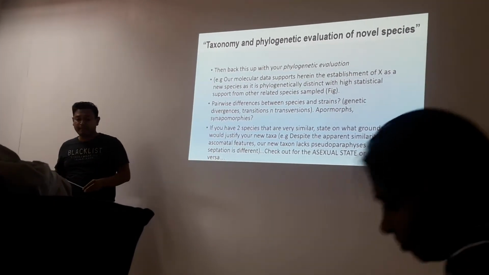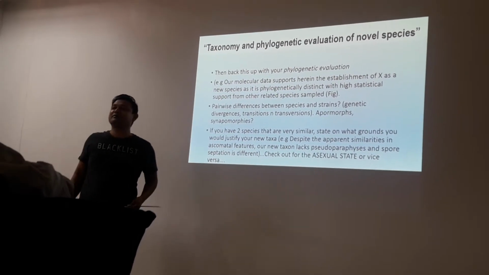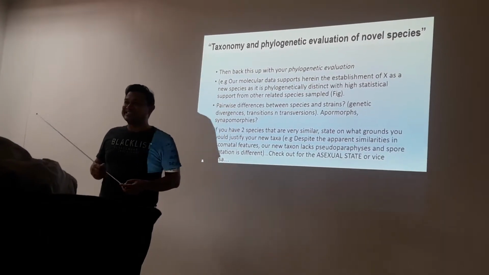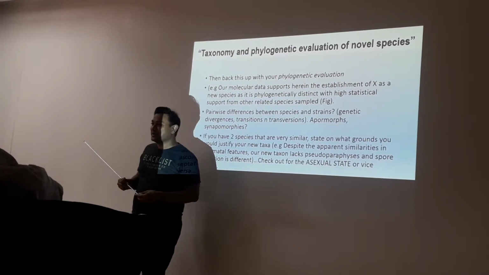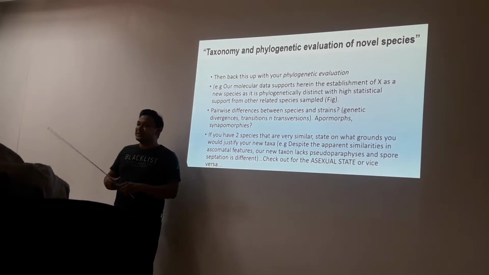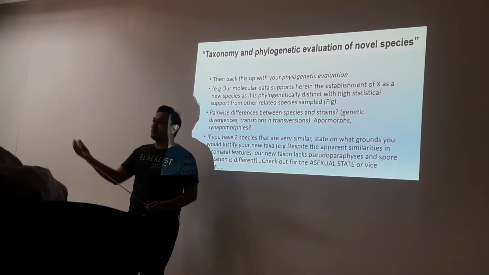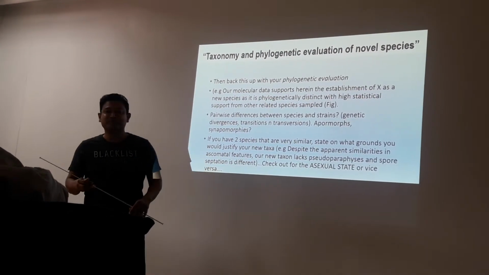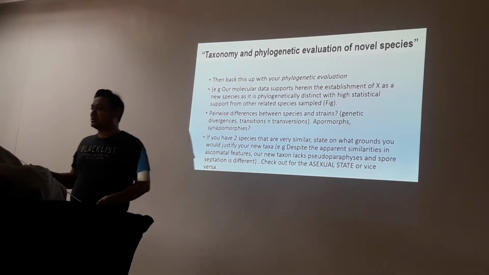If you read that famous paper, Jeewon and Hyde, in 2016, which was published in Mycosphere, you will see people are citing that everywhere now. So again, I'll ask you guys to go and read that paper a little bit.